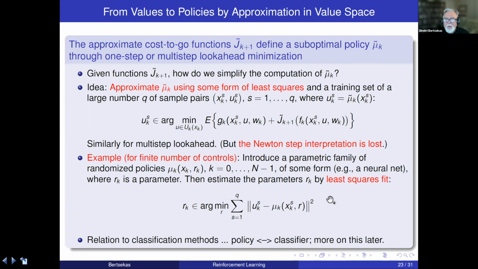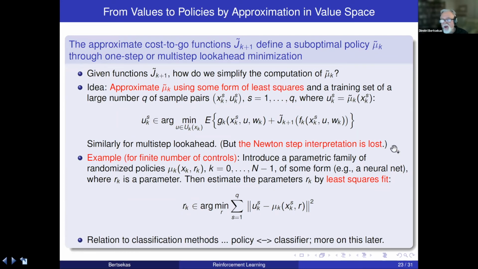But the important point that I want you to get out of this is that we can pre-compute offline policies starting from cost approximations by generating data and doing least squares fits or other kinds of machine learning type of approximations.